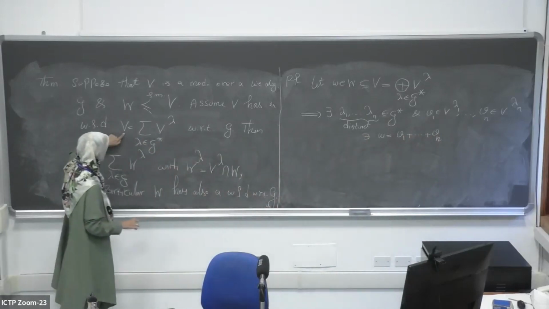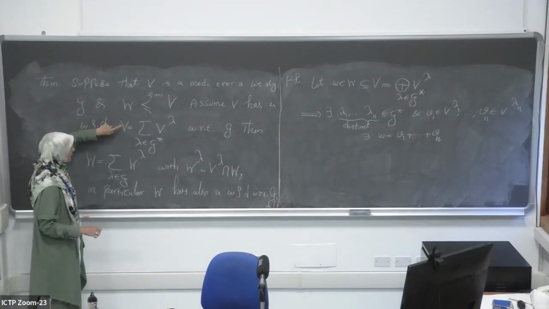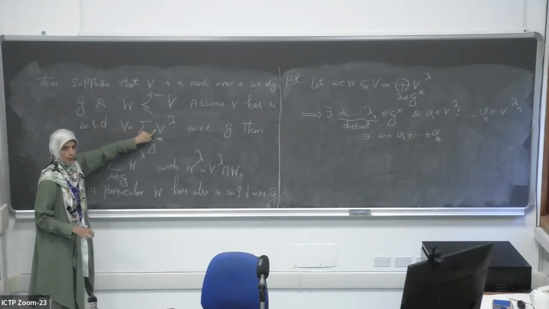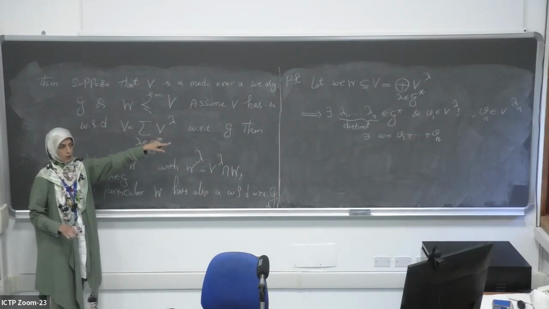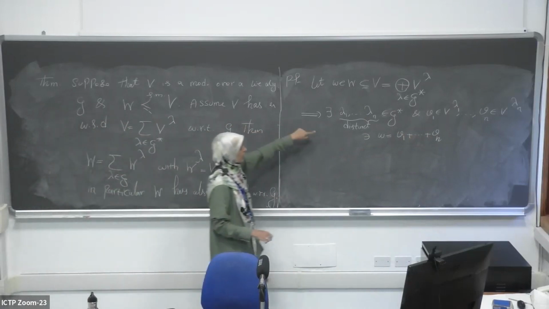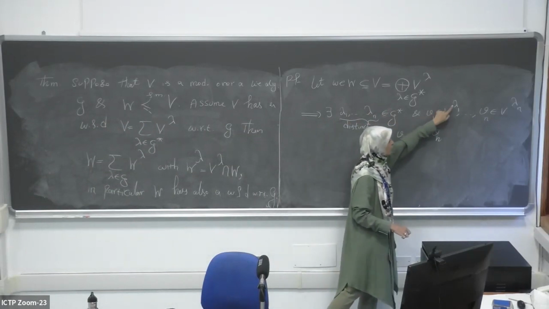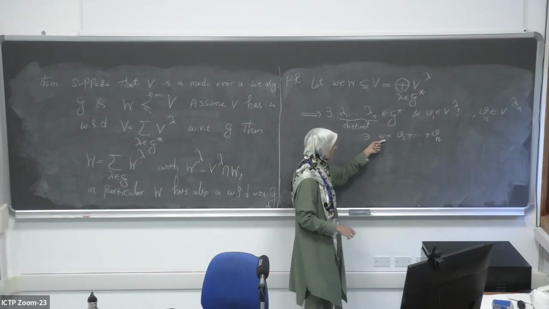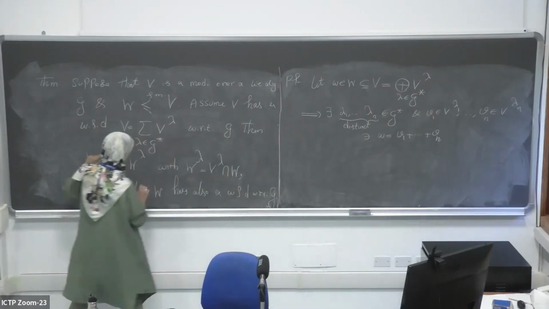Because V is the summation of V_lambda. So if we have an element of V, we can write this element as a summation of elements of each V_lambda. So we have distinct elements of G star, and v_1 belongs to V_lambda_1 up to v_n belongs to V_lambda_n, and w is the summation of these.